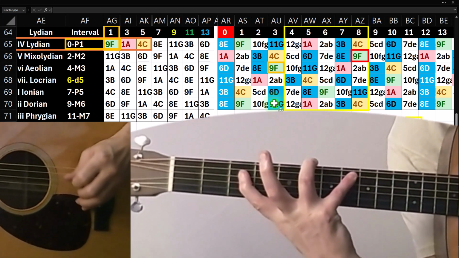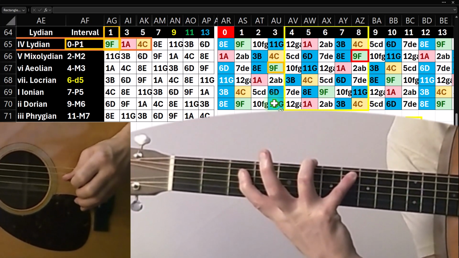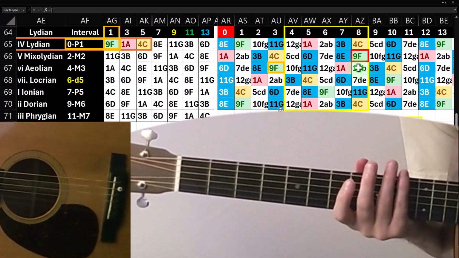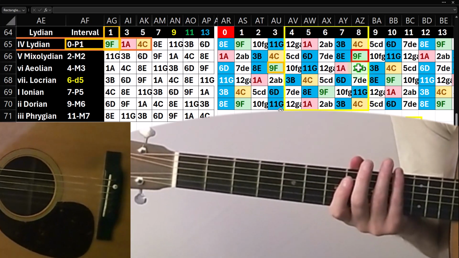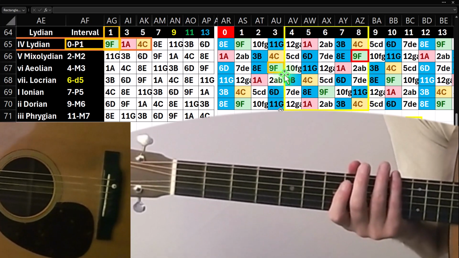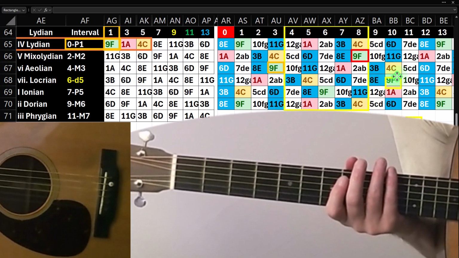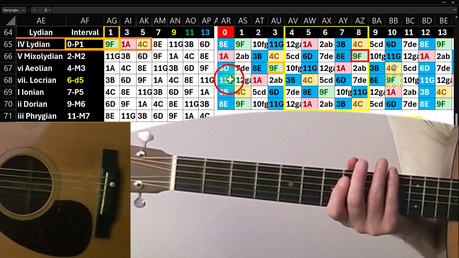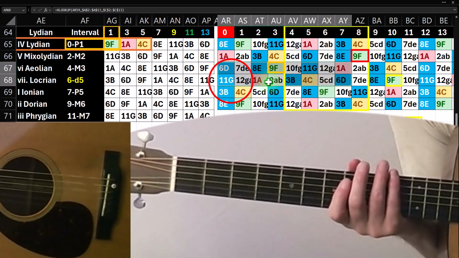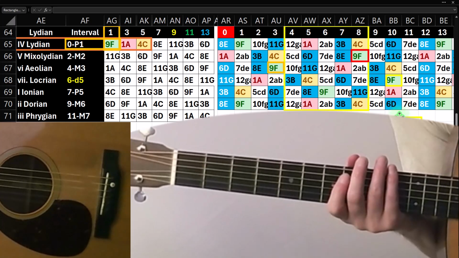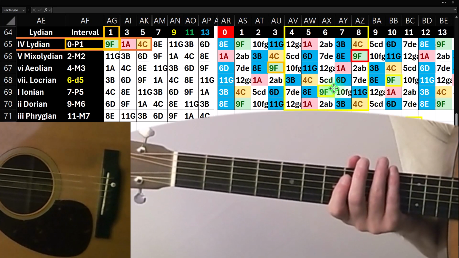So that means that any time I go down a string, the octave will be 5 frets back unless I cross the fault line, which would only happen in one location. That would be the G string, because that's the only time that I'm going to cross this fault line if I go down only one string. So therefore, it would look like that.